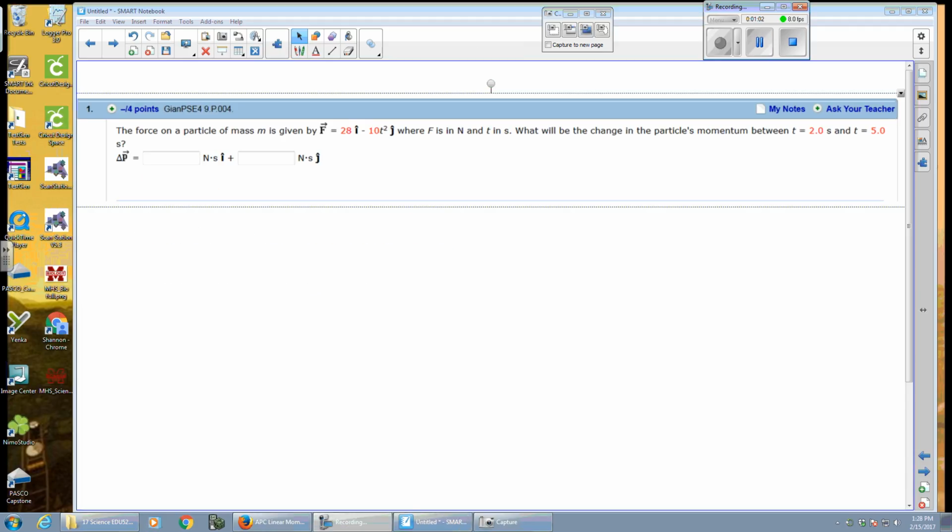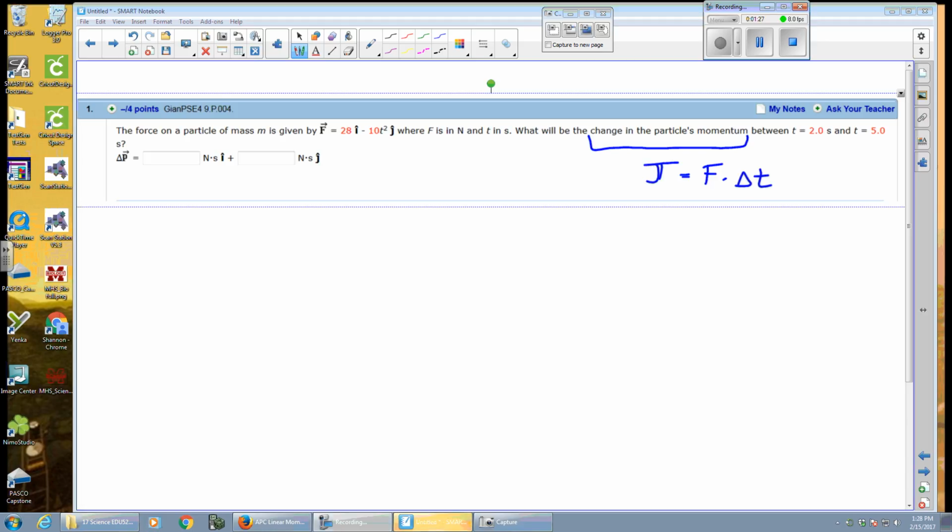So this one is using the fact that the change in the momentum is the impulse, which is force times delta t. In each of these cases you have the force and the delta time. For me it's 3 seconds.